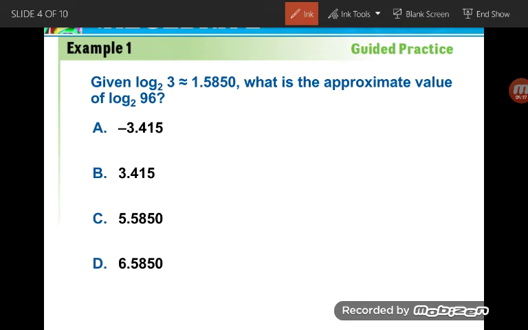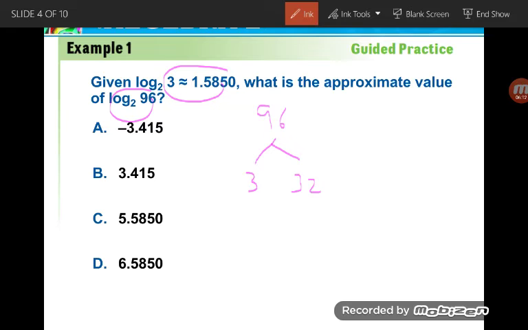Okay, given log 3 for base 2 is equal to 1.585, what is the approximate value of log 96 for base 2? For log 96 for base 2, you have to simplify 96 to be 3 times a number, a common number. So 96 is equal to 3 times 32.